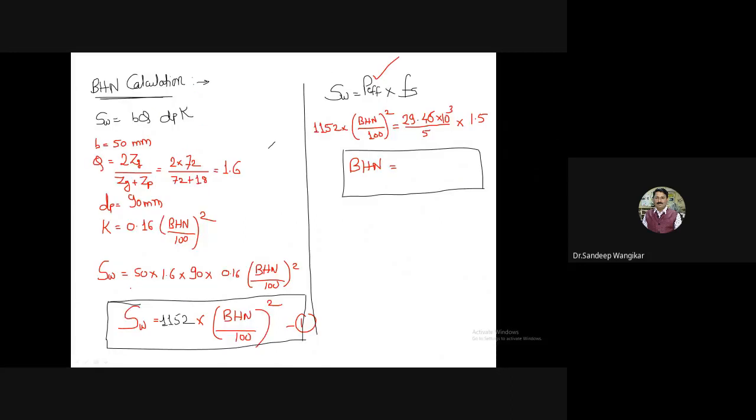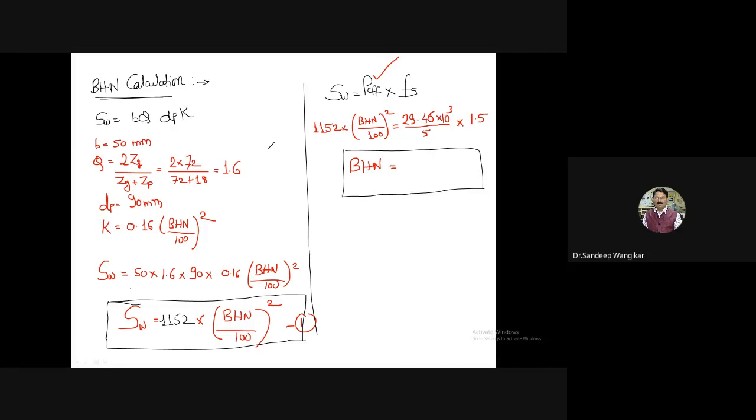Anybody, please, BHN value? Anybody else? 3040.